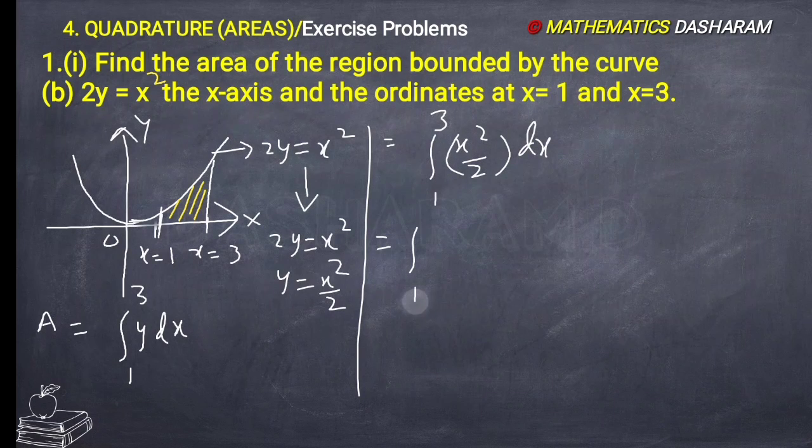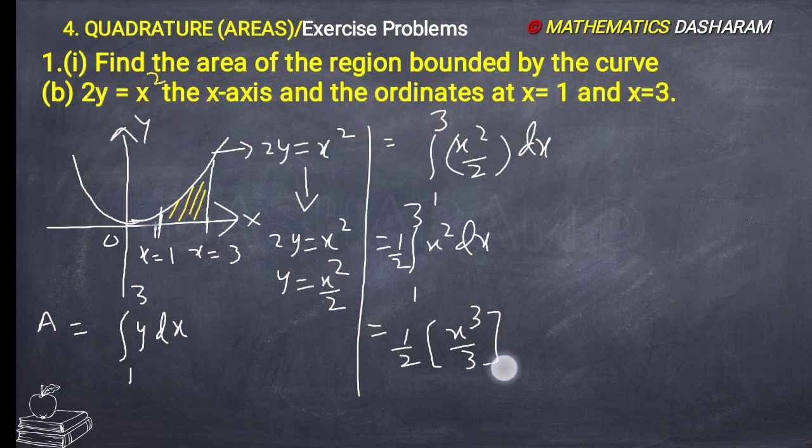Then it equals integration 1 to 3. Here 1 by 2 is a constant, x square dx. So 1 by 2 times the integration of x square, which is x cube by 3, from 1 to 3. Now substitute the limits: 3 cube by 3 minus 1 cube by 3.